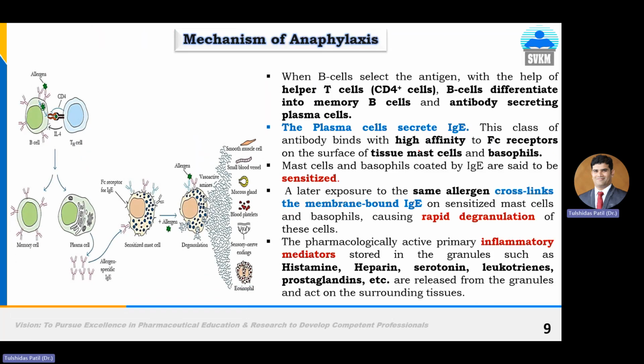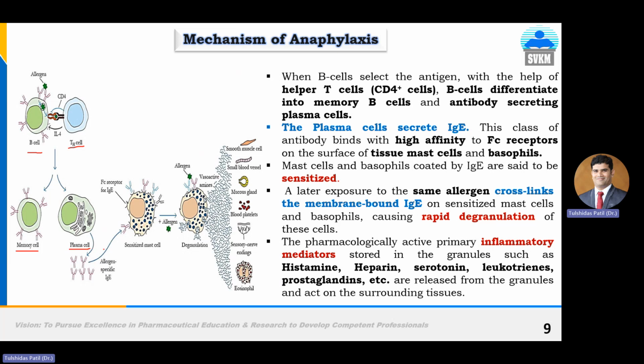Now we will see the mechanism, how it actually happens. When B cells are exposed to the antigen with the help of helper T cells, that are CD4 plus cells, the B cells get differentiated into two types of cells, referred to as memory B cells and plasma B cells.